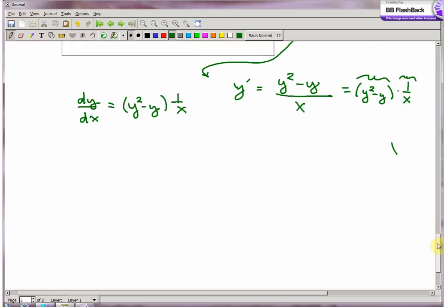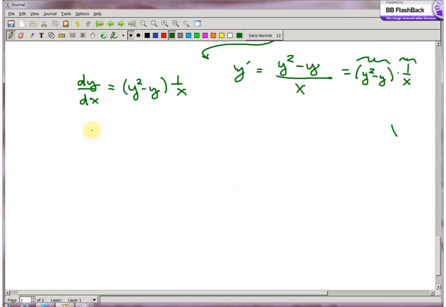You cross multiply by dx, and move the y stuff over here. So I've got dy over y squared minus y is equal to dx over x. And if these things are equal, then their integrals are equal. Alright, excellent. So now all I have to do is solve these two integrals.